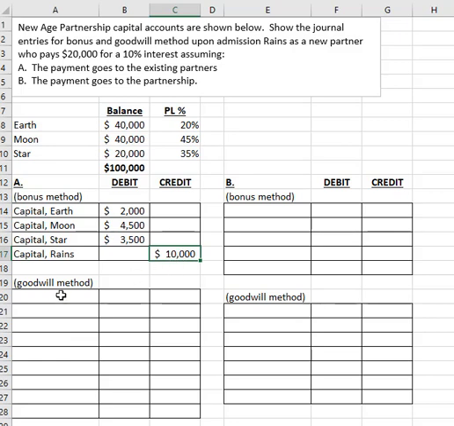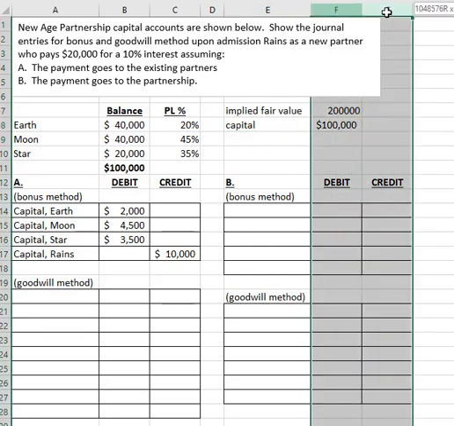Now what about goodwill? So with goodwill, we would spread the goodwill to the current partners based on the implied goodwill. So what's the implied goodwill? So the implied value of the partnership would be the 20,000 divided by the 0.10. And the capital as it is now is 100,000.